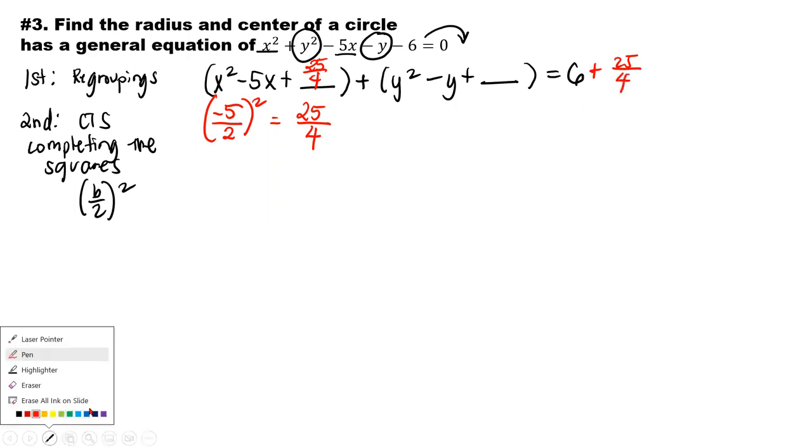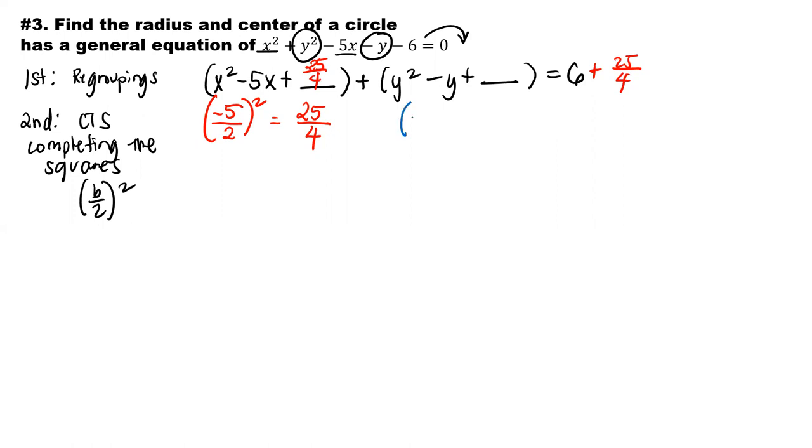Now let's find the constant for y. Okay. So we have negative 1 divided by 2 squared. So negative 1 squared will be positive 1, and 2 squared will be 4. So plus 1/4 and 1/4 on the right side. Okay.